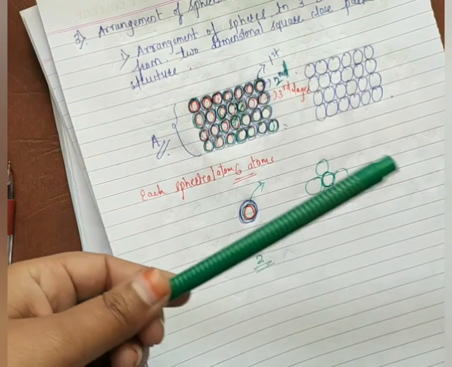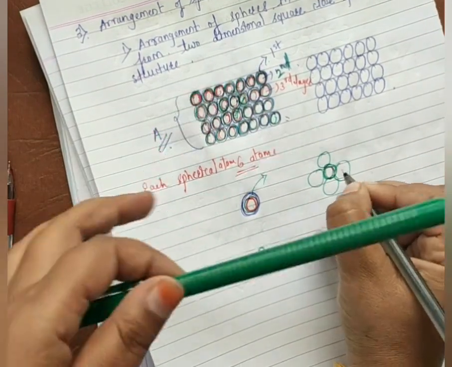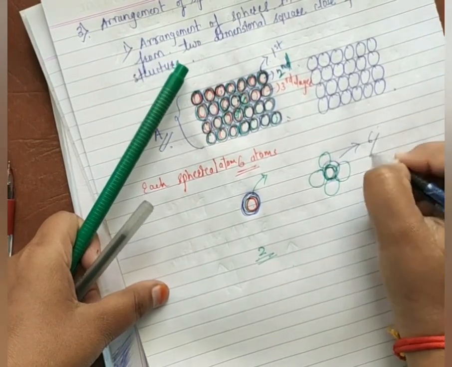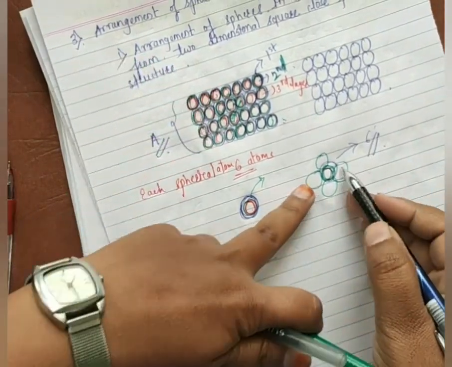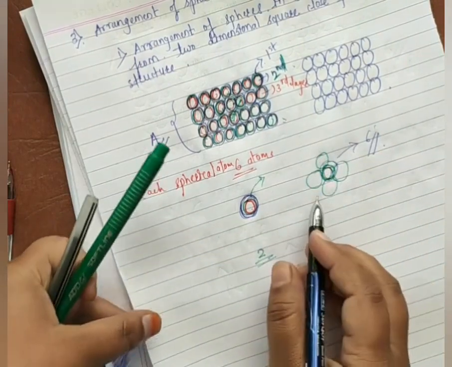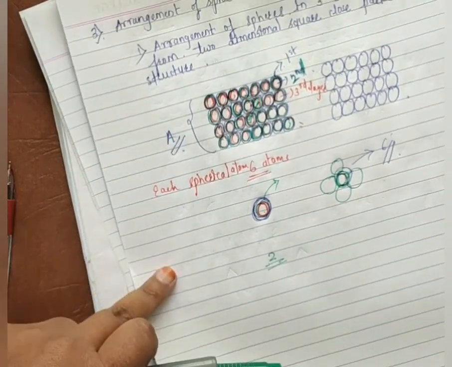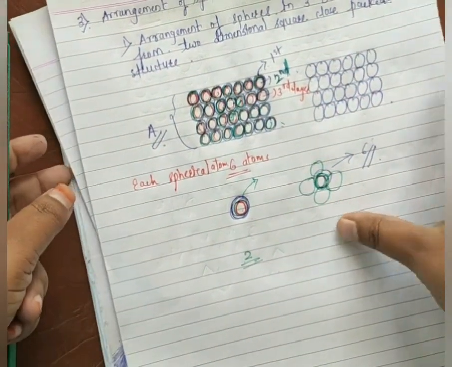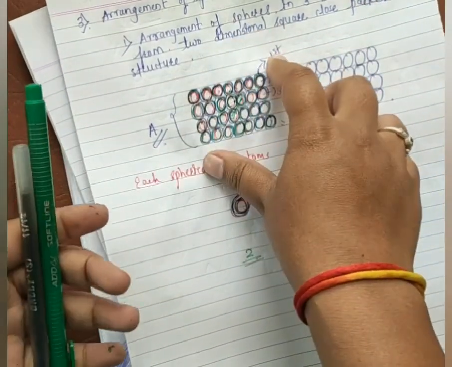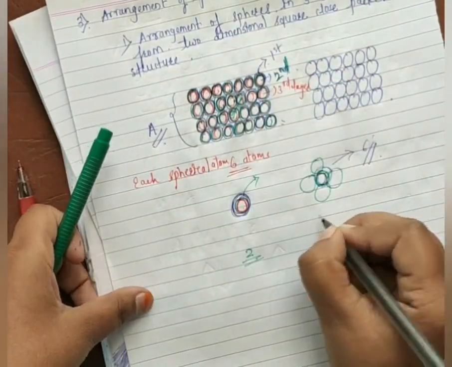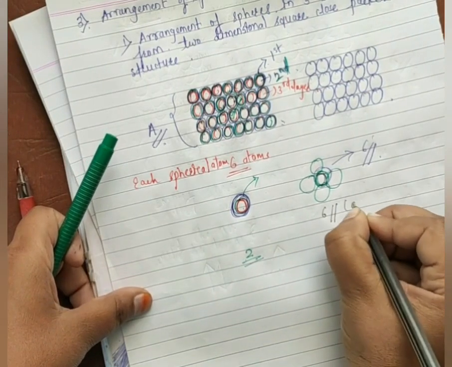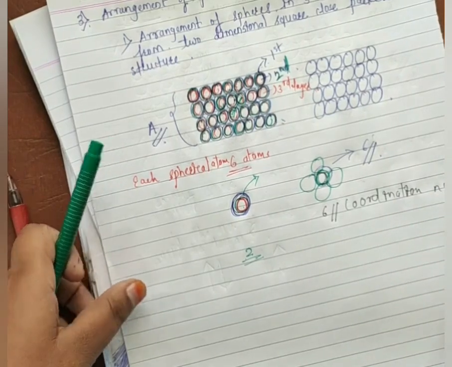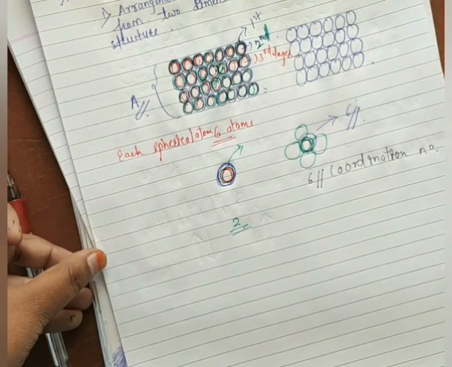After that, 1 atom is present above and 1 atom is present below. So how many atoms in total? 6 neighboring atoms will be present for each sphere. So in the arrangement of spheres in 3-dimensional from the 2-dimensional square close packed structure, we have 6 as the coordination number.